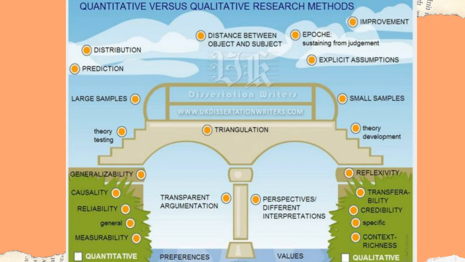So quantitative data usually is about trying to understand causality. It's able to be much more generalizable, because quantitative research is oftentimes able to collect surveys from a lot of people, right? Large samples.